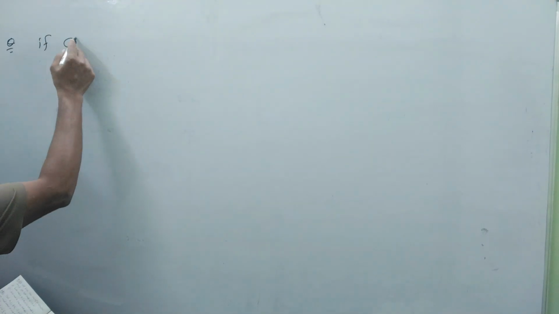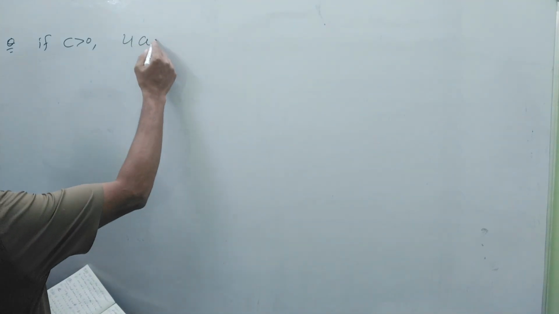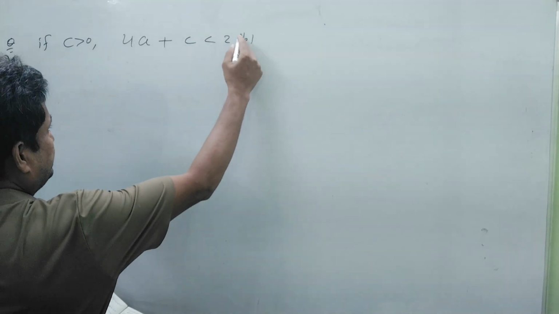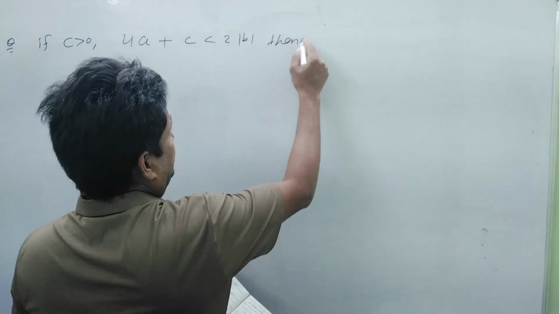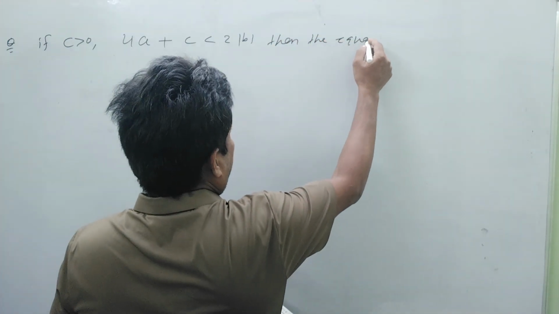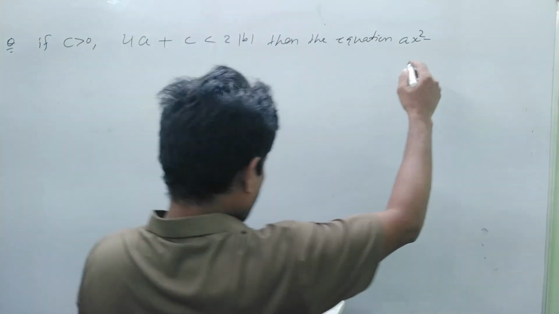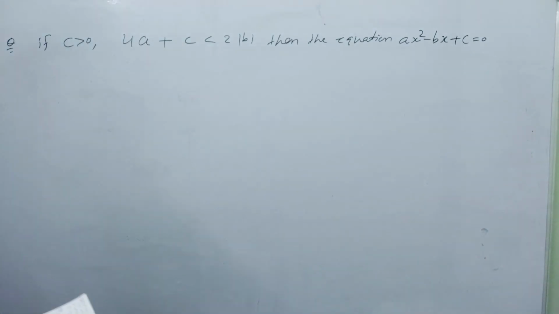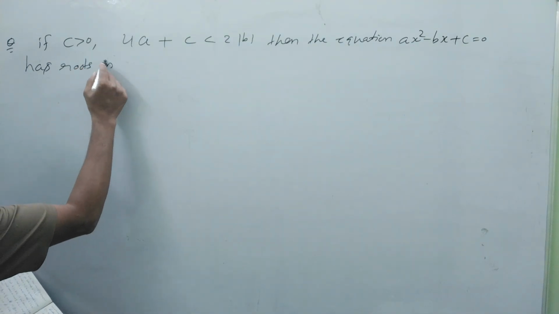What is the question? If c is greater than 0 and it is given 4a plus c is less than twice of mod b, then the equation ax square minus bx plus c is equal to 0 has roots in the interval.